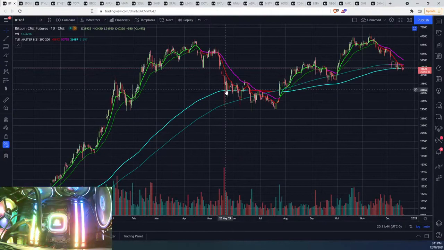The 200 exponential moving average versus the simple: the difference is with the simple, every one of those days is weighted evenly. With the 200 exponential, part of the formula is that the most recent time frame has a higher bias of importance.